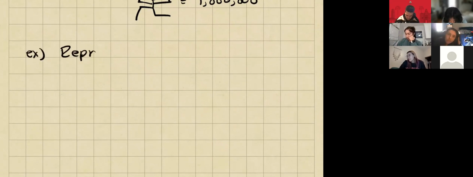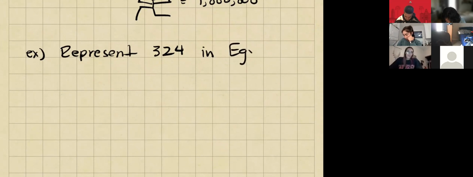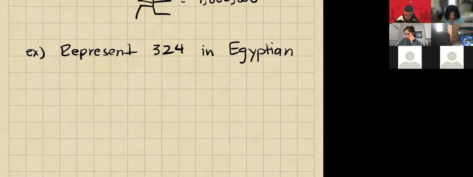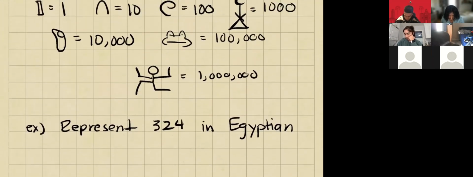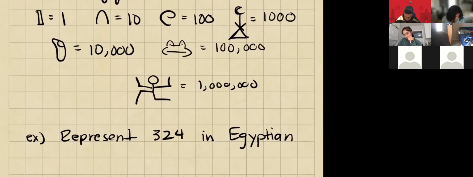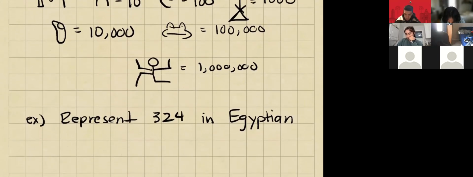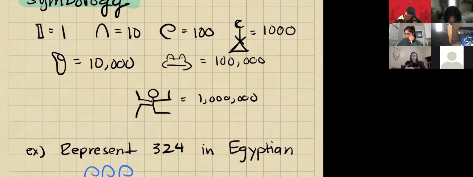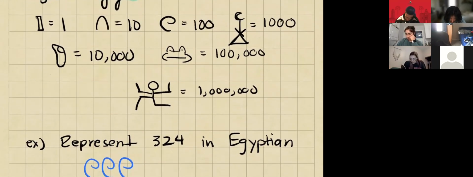Let's represent 324 in Egyptian. How would that look? Well, let's take a look. We have that a coil of rope represents 100, so we can write 3 of those. We have 20, so 2 tens for the arches.